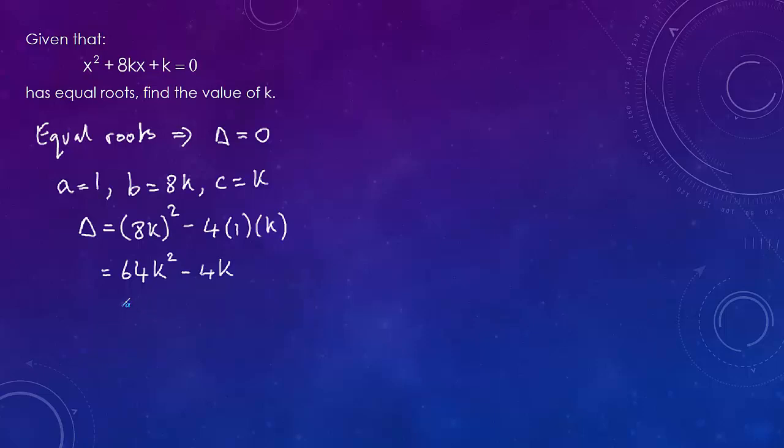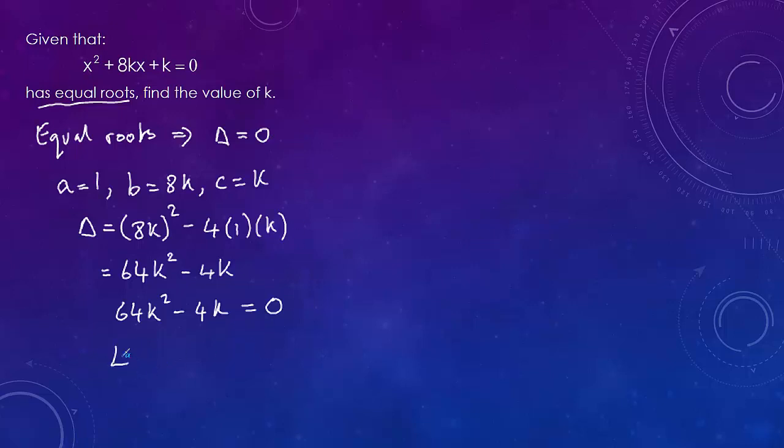And what we're being told is that 64k squared minus 4k is equal to 0. Note that I lost this equal sign here, because of the equal roots, as we mentioned in the first line.